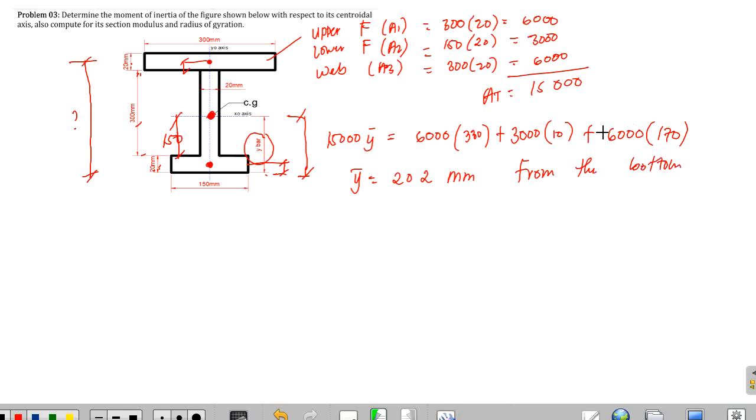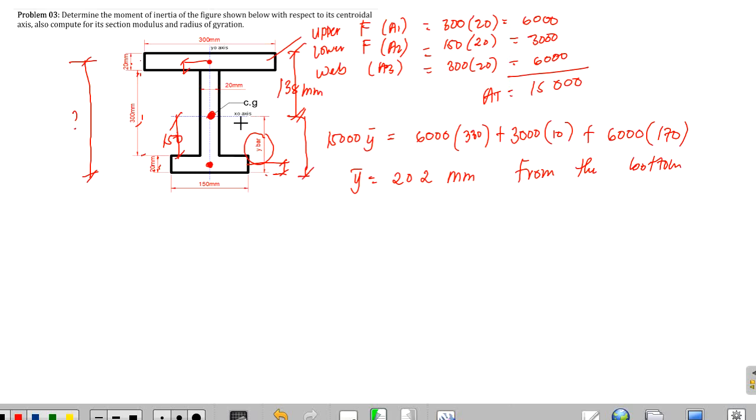If you take y bar from the top, your y bar should now be equal to 340 minus 202. Y bar from the top is equal to 138 mm.